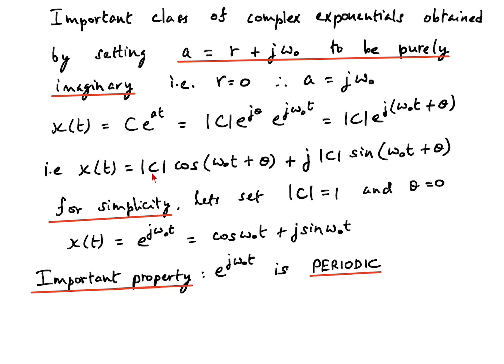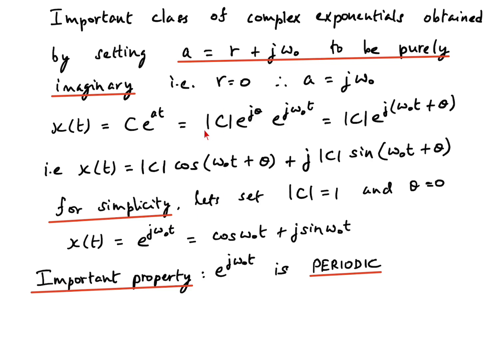So they form an important class of complex exponentials that we will discuss in more detail, and they are like the fundamental building blocks in some of the tools that we are going to use. When I say tools, I mean analytical tools for the analysis and processing of signals and systems. So it's an important class of signals when you have r to be purely imaginary.